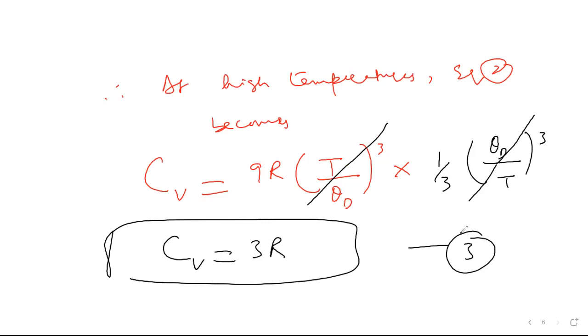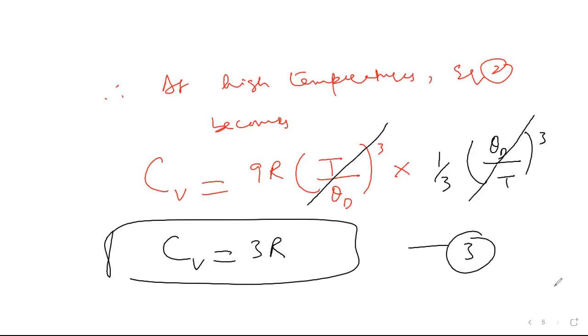And this theta D is typically close to room temperature. So we see that CV begins to approach its classical value 3R for T equal to room temperature and above.